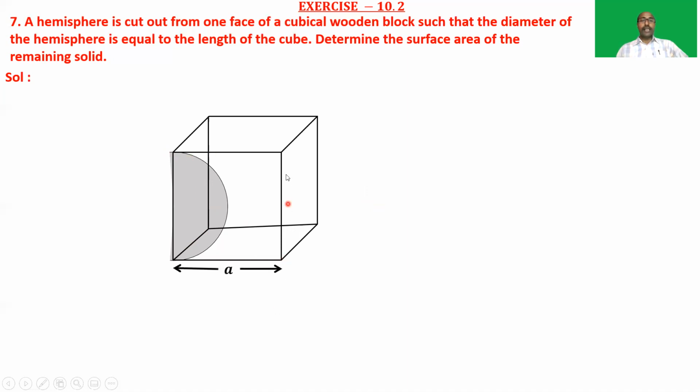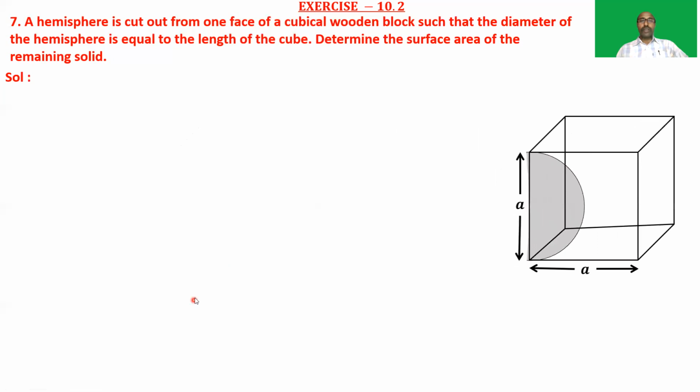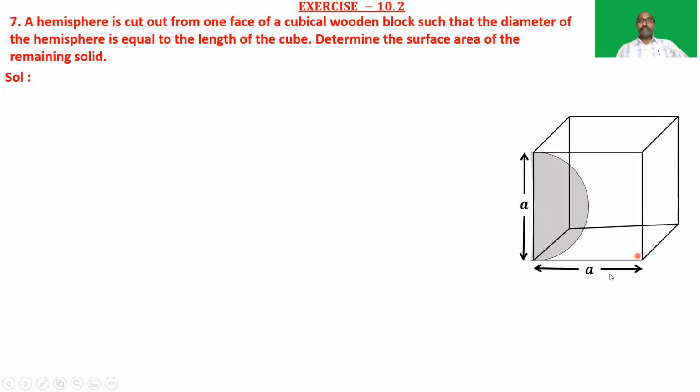Let the side of this cube be A. Then the diameter of the hemisphere is also A. Now we have to find the surface area of the remaining solid after cutting the hemisphere from one face of this cube.